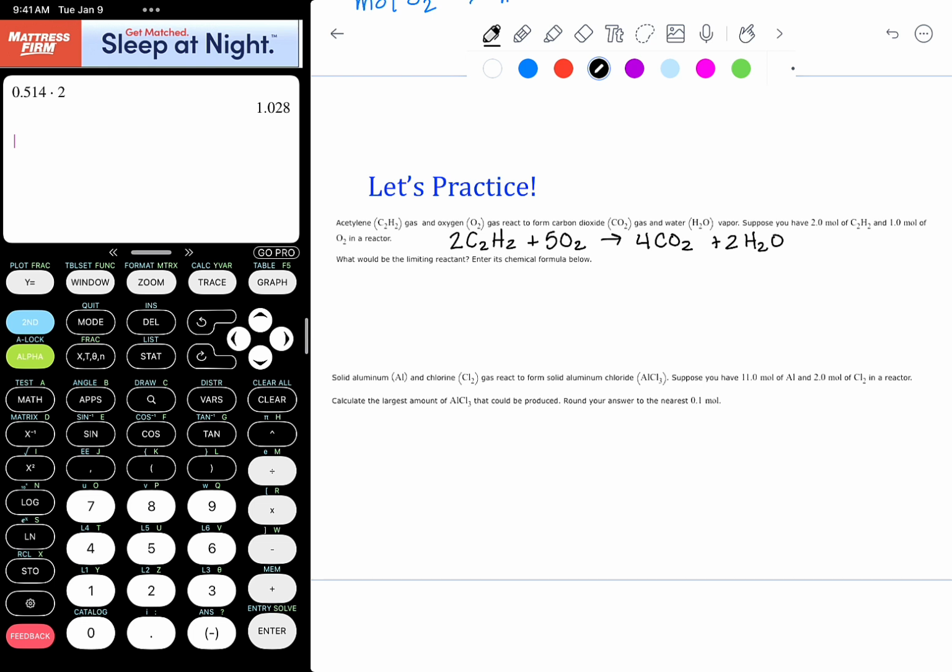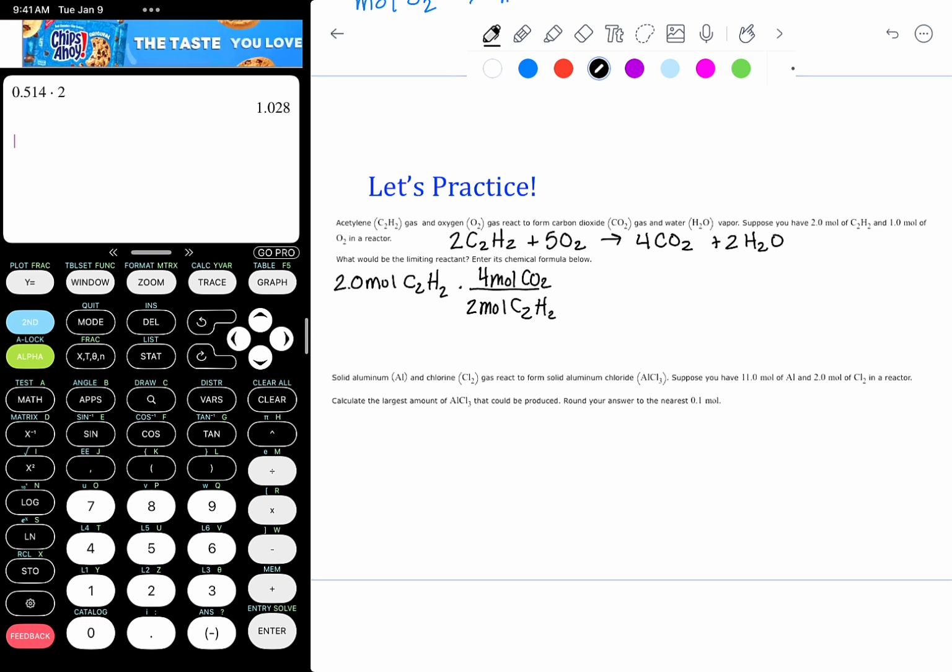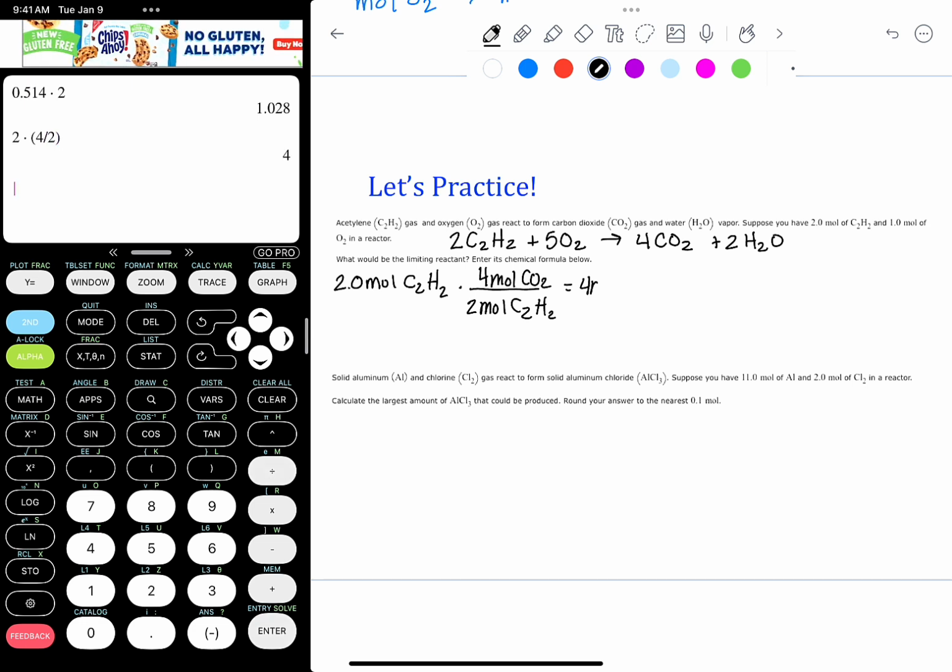So let's start out with going from 2 moles of C2H2, and let's convert that to moles of CO2. So we have 2 moles of C2H2 goes to 4 moles of CO2. So we have 2 times 4 divided by 2. So we get out 4 moles of CO2.